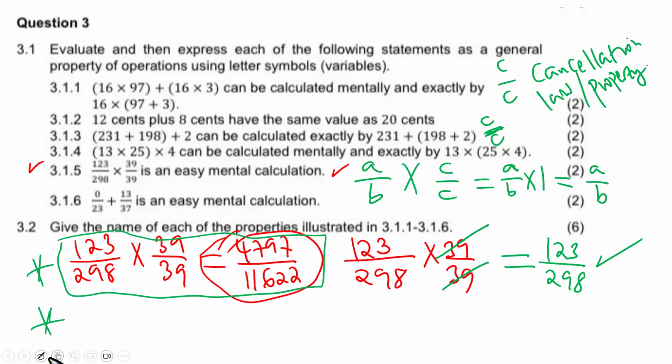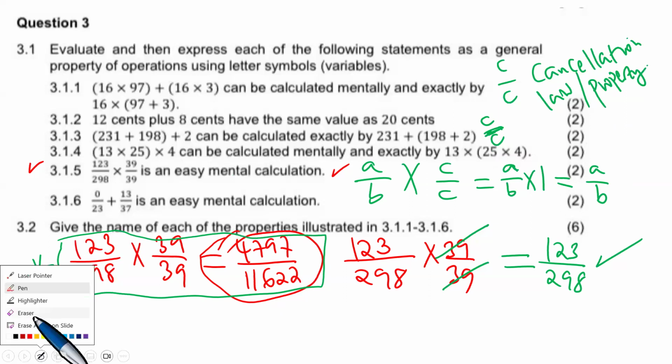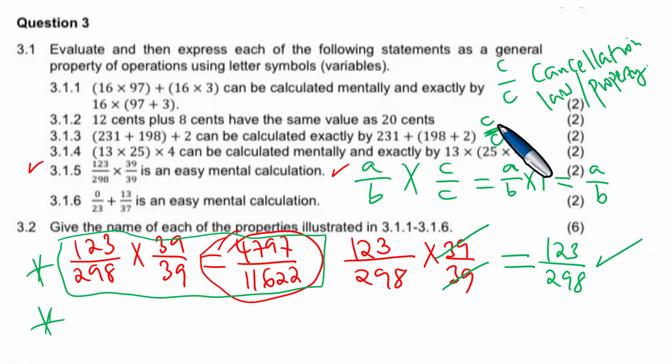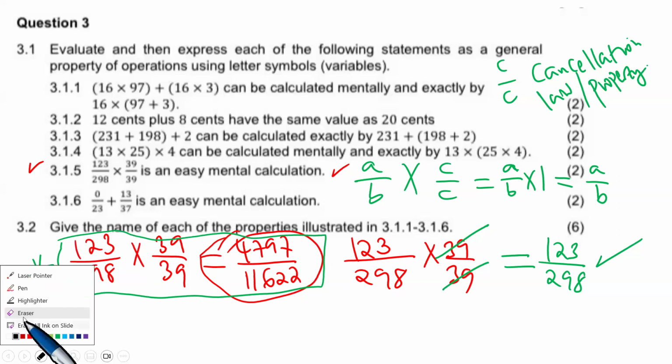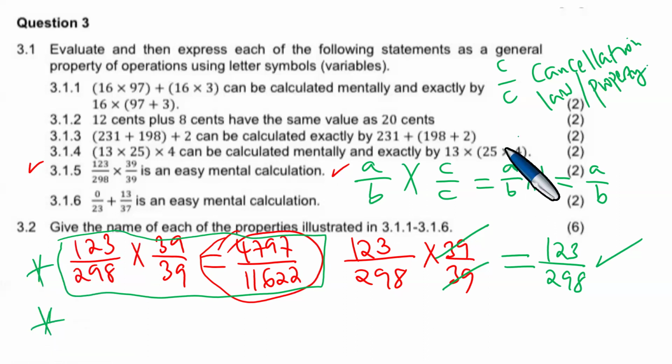Each time a number cancels another number, it's the cancellation law, because that is the law that allows people to cancel in mathematics. If the law wasn't there, we wouldn't cancel numbers.